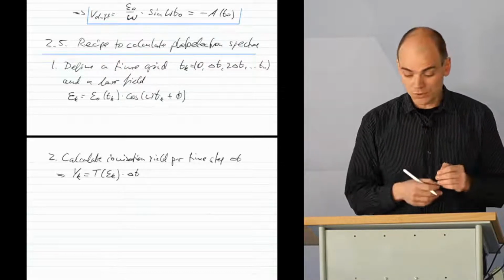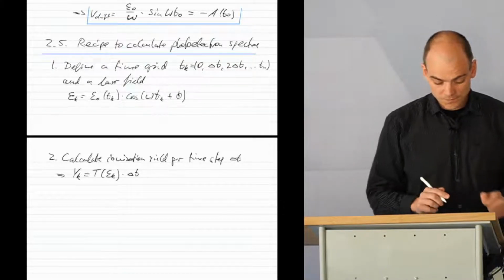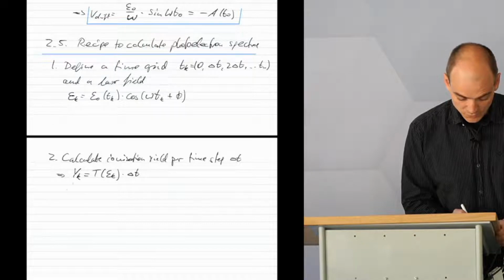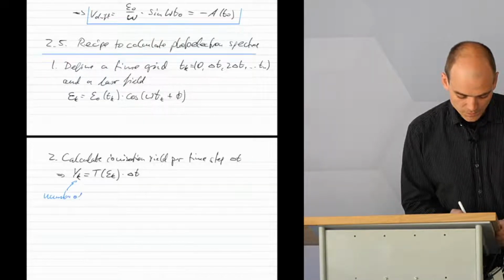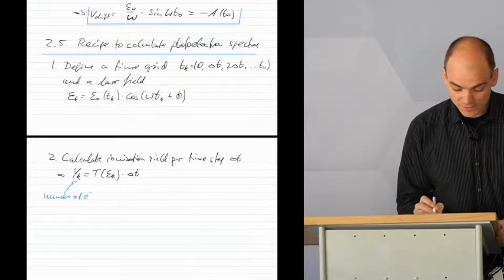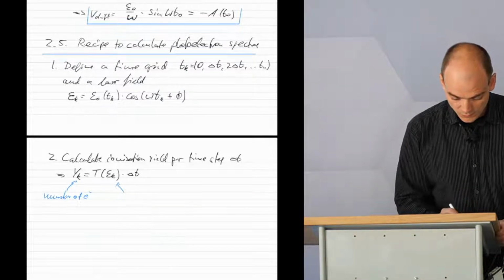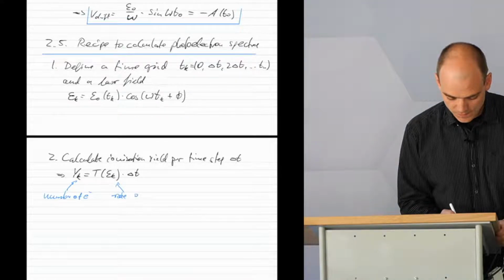And so you get a number of electrons. So this is the number of electrons tunneling, and this is a rate, electrons per time unit.